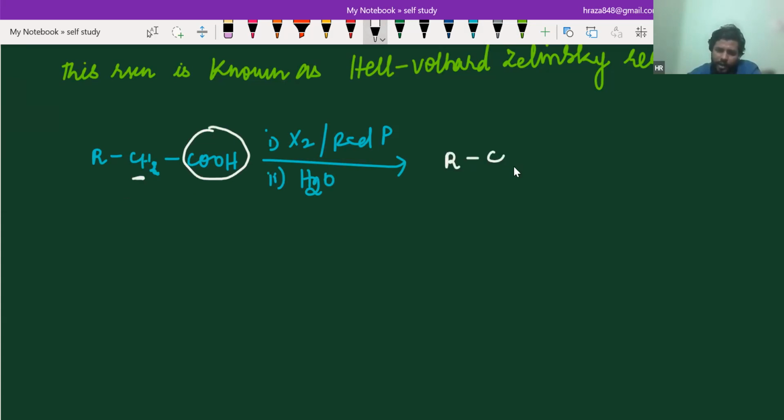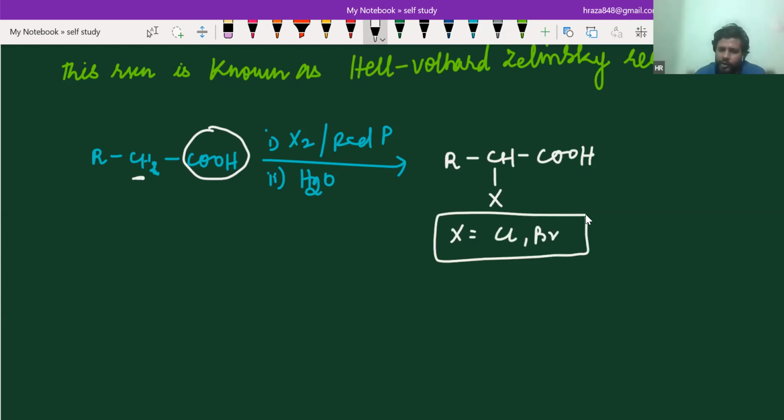So it will be RCH. Substitution will take place, and X will take the place of alpha hydrogen, and this will be C double bond OH. And this X is only for chlorine and bromine, not for iodine and fluorine.